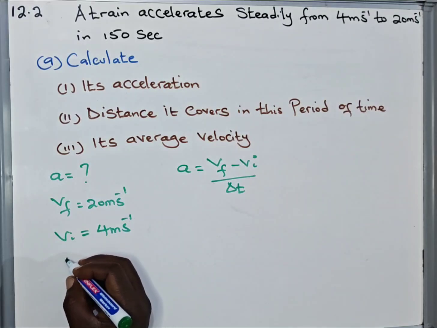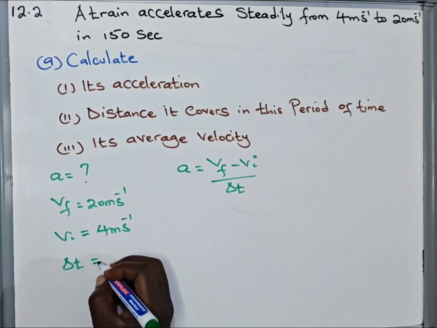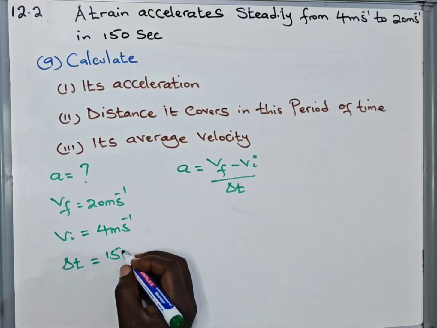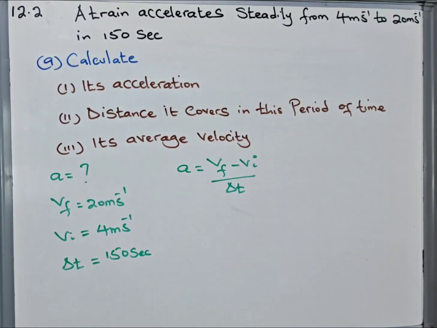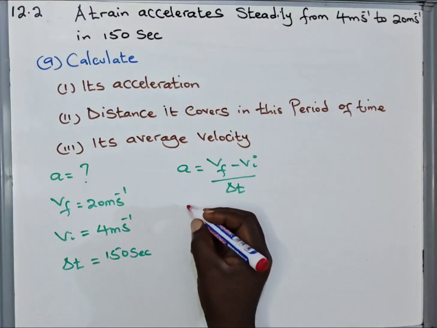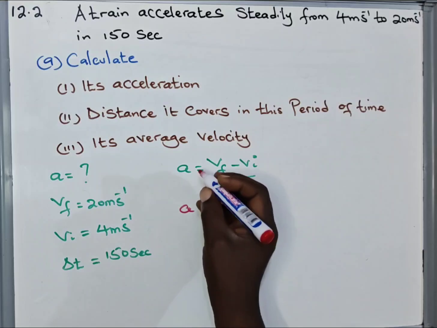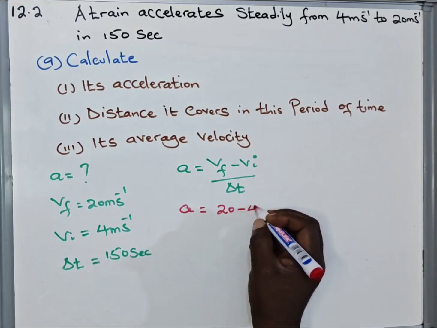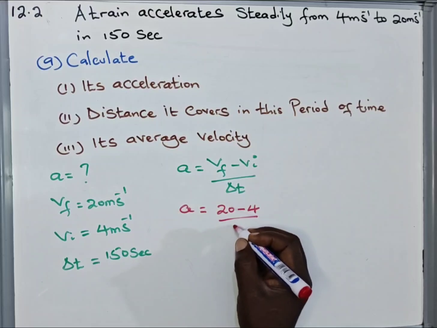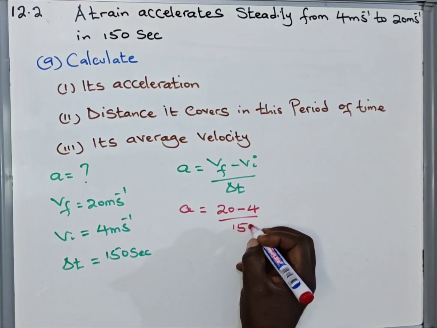And you have change in time, which is 150 seconds. With this information, we substitute. We are going to have A equal to 20 minus 4 over 150.